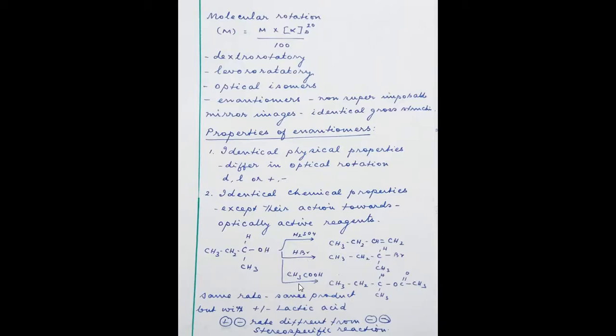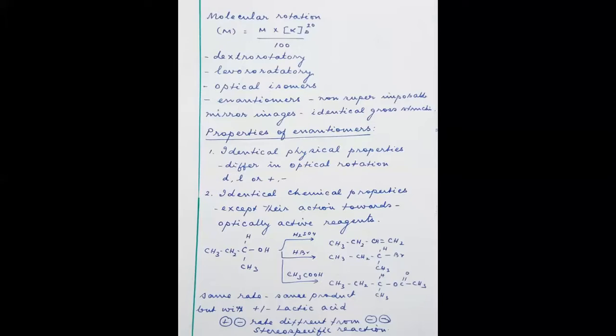When it is allowed to react with acetic acid to form an ester, esterification takes place where there is the OH group. Here also, you are not finding any difference between the products formed by the enantiomers. So D enantiomer, L enantiomer, everything gives the same product.